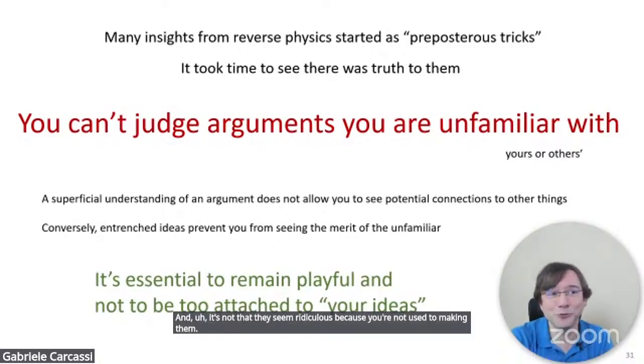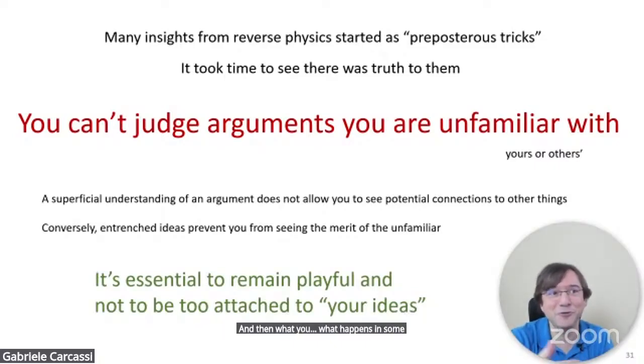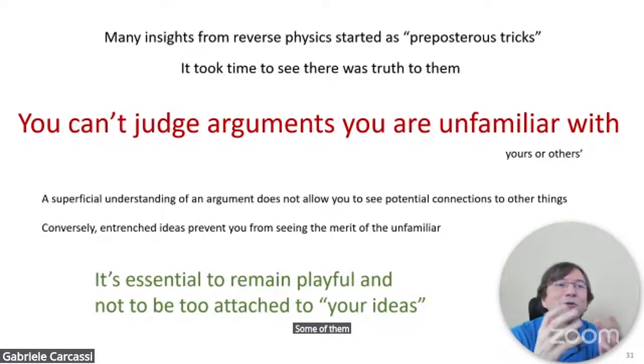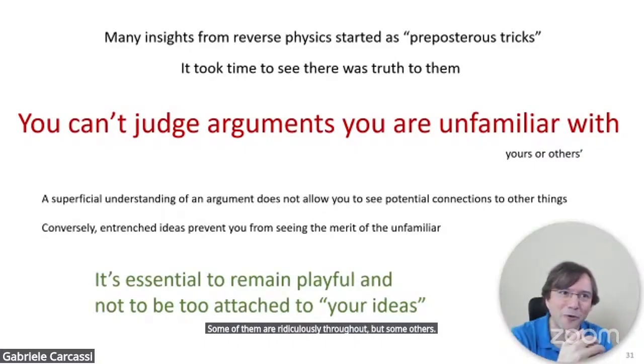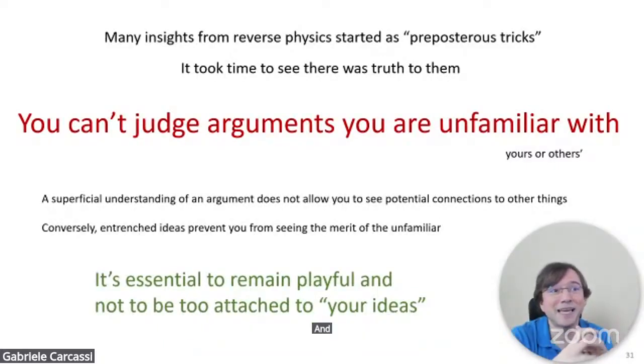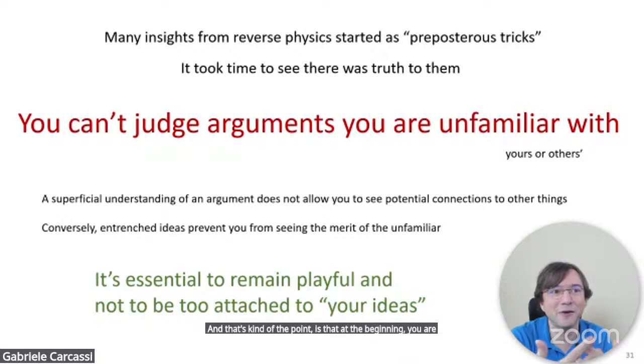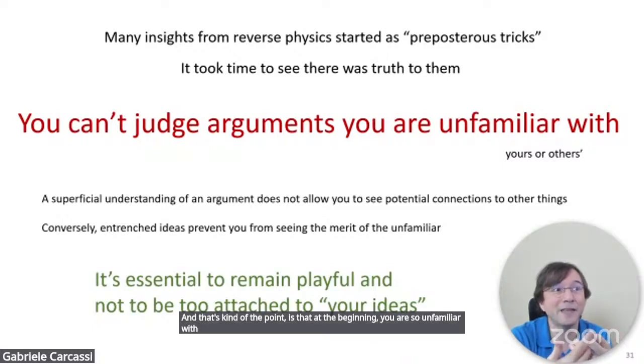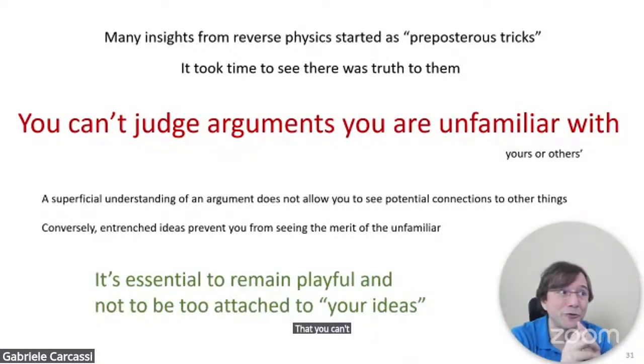And then what happens in some cases is that some of them are ridiculous and you throw them out, but for some others, you think about them more and you find the connections, and they become less and less ridiculous as you go through them. That's kind of the point: at the beginning, you are so unfamiliar with the reasoning that you can't see whether there is truth to it.